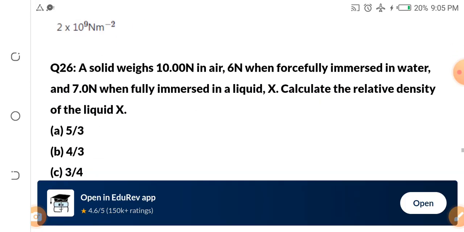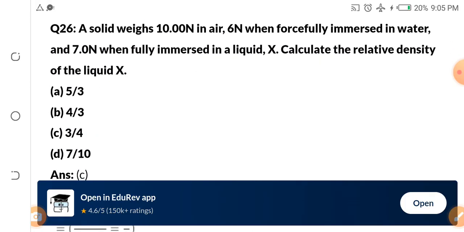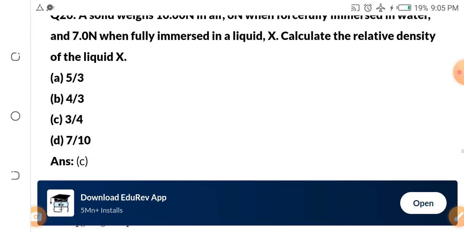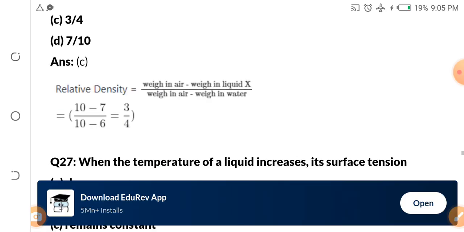Okay, we move on. 26. A solid weighs 10N in air, 6N when fully immersed in water, and 7N when fully immersed in liquid X. Calculate the relative density of the liquid X. In air it is 10N, in water it is 6N, and in liquid X it is 7N.